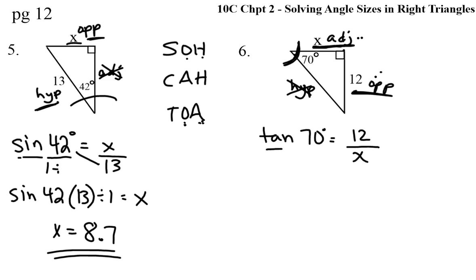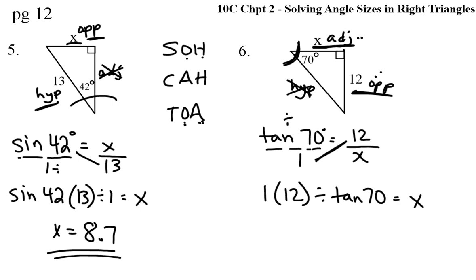And at that point, set it over 1 and cross multiply. Here, 1 times 12, divide by tan 70 to equal our x value. So 1 times 12 is 12, divided by tan 70, x works out to be 4 and 4/10 for a side length. There's the process for finding angles, or sorry, finding side lengths.